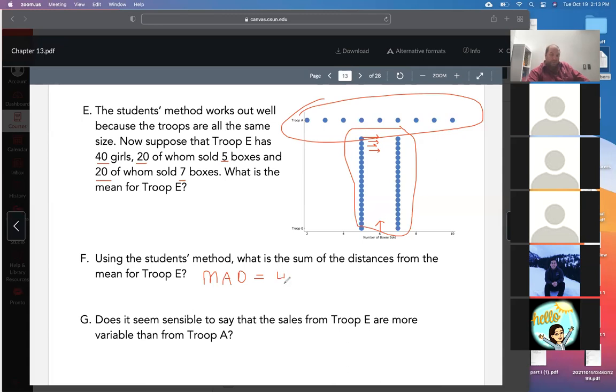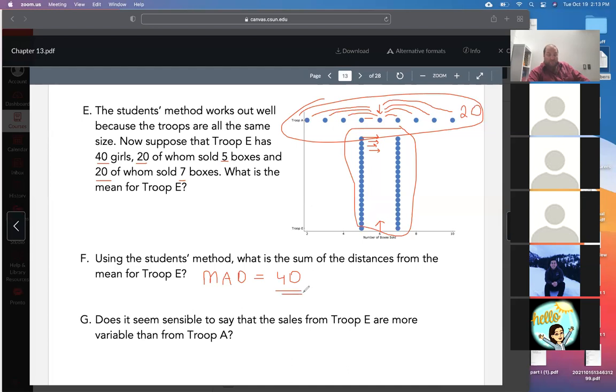So if I sum it all up, I get 40. And that's a lot more than what I got for group A. Let's calculate what it is for group A. I have 1, 2, 3, 4, 5, 6, 7, 8, 9, 10, 11, 12, 13, 14, 15, 16, 17, 18, 19, 20. So group A had a MAD of 20.